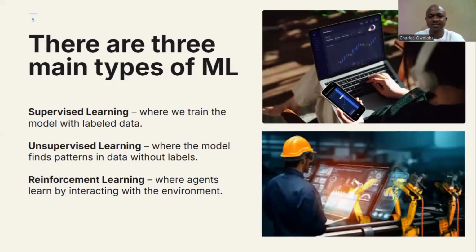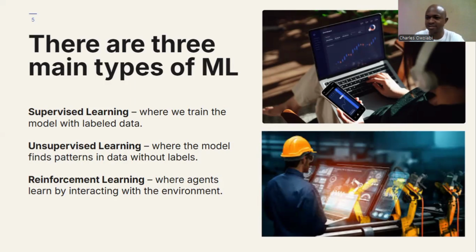There are three main types of machine learning. We have supervised machine learning, unsupervised machine learning, and then of course the third one, reinforcement learning. In the case of supervised machine learning, models are trained based on labels.